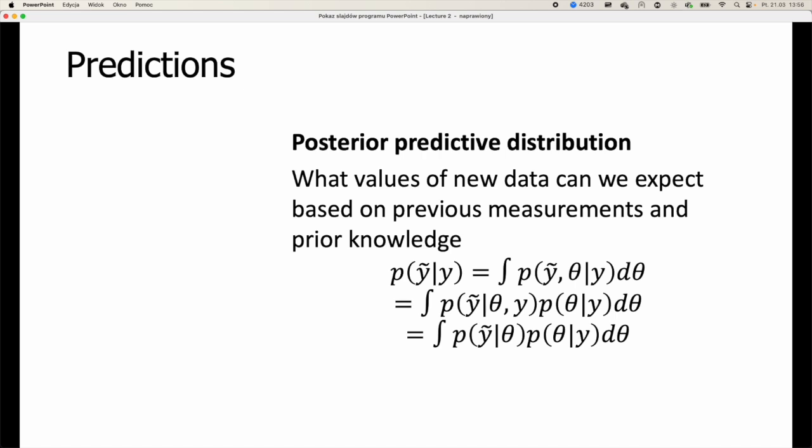So create a model that will give us the conditional probability distribution of theta depending on y. So our typical Bayesian inference, and using that distribution, sample theta from it, which is generally something that we'll be doing anyway, and then use this sampled theta in the likelihood to sample new values of y.